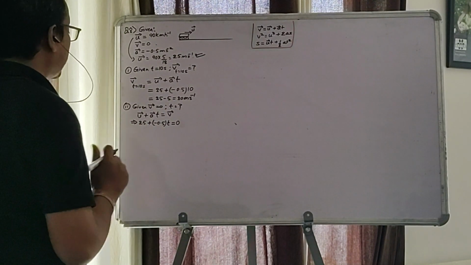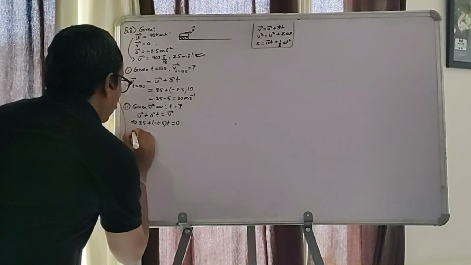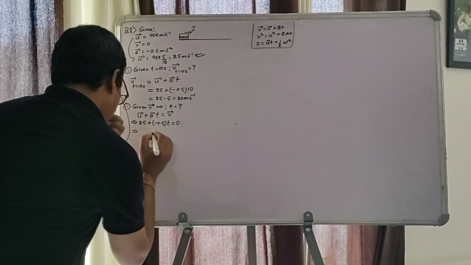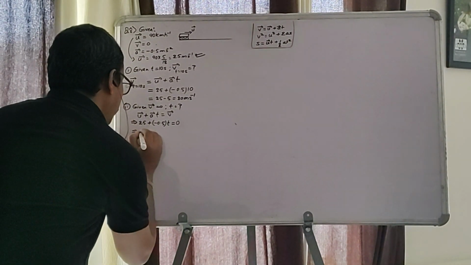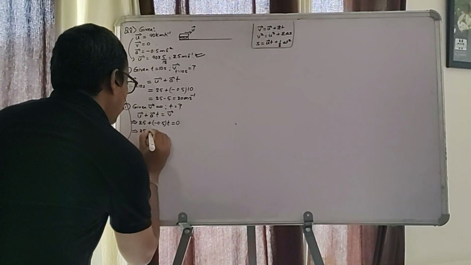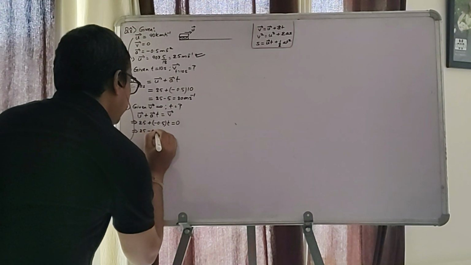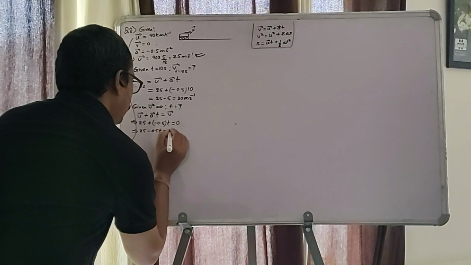This is what it is asking, right? So can we find out t from here? Yes. It will be 25 minus 0.5 t equal to 0.